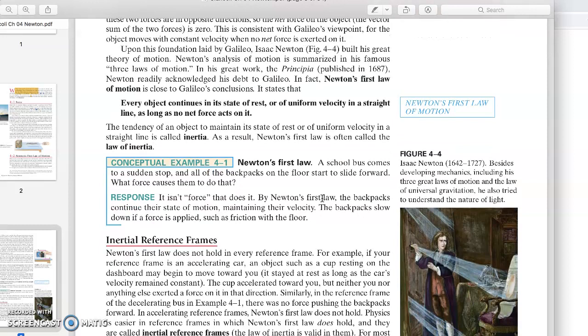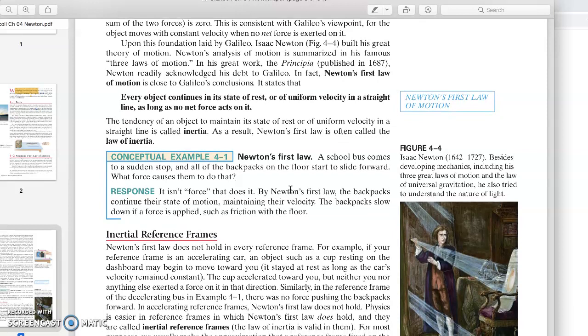Now, a very interesting example is explained here. It's a conceptual example, but if you understand this example, I think you're done with the first law of motion. Let's read it together, or let me read it for you. A school bus comes to a sudden stop, and all of the backpacks on the floor start to slide forward.